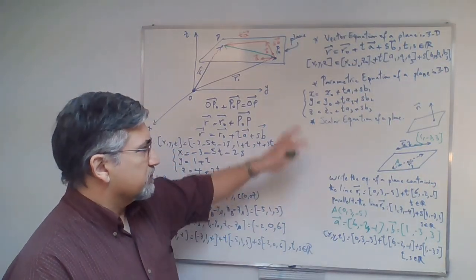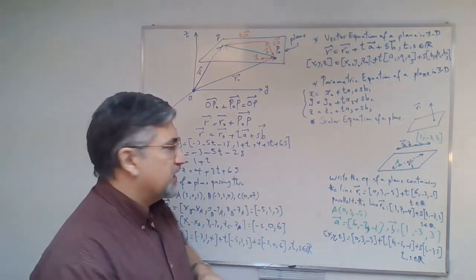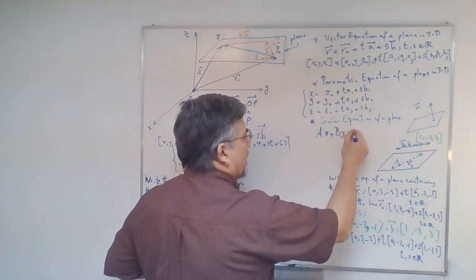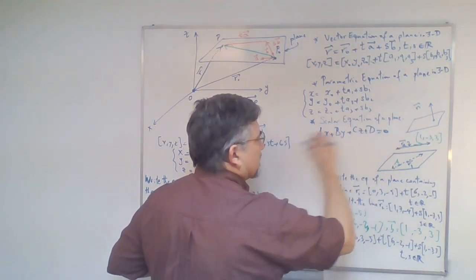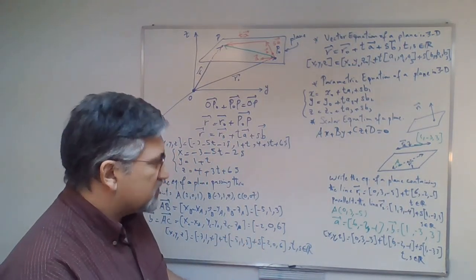One more thing I have to add here, and that's the third form, which is called the scalar equation of a plane, and that is like this: ax plus by plus cz plus d equals 0. This equation is known as the scalar equation of a plane, and it's used a lot.